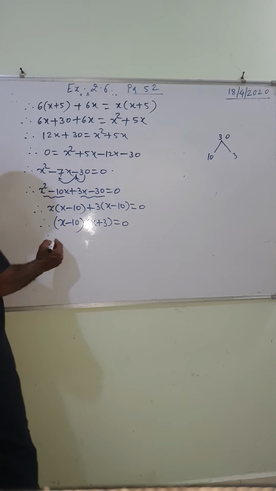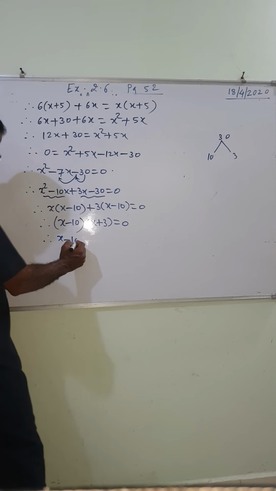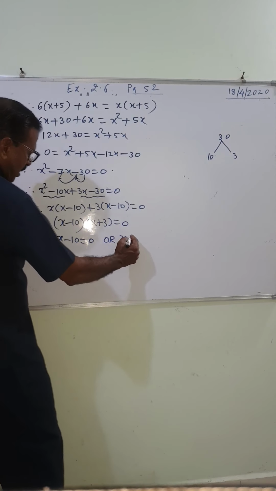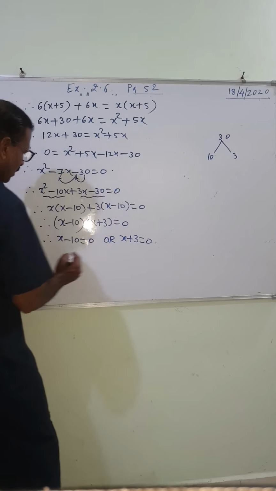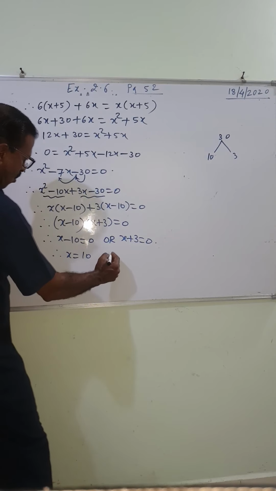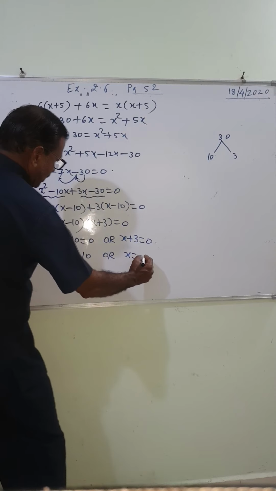Now x minus 10 is equal to 0 or x plus 3 equal to 0. Therefore, x is equal to 10 or x equal to minus 3.